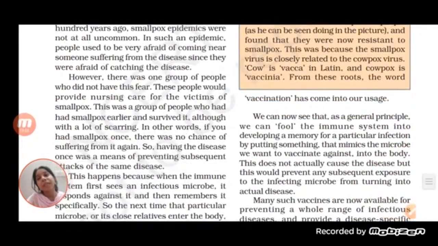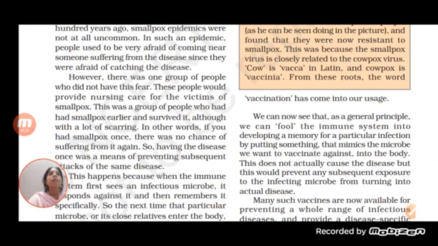Actually, it is the basis of the principle of vaccination that has come into our use. So whenever the question is asked, what is the principle of immunization, this is the principle: once the immune system recognizes the kind of microbe which enters the body, it will be killed the second time it enters.